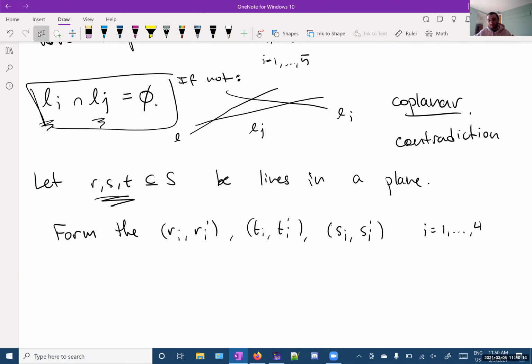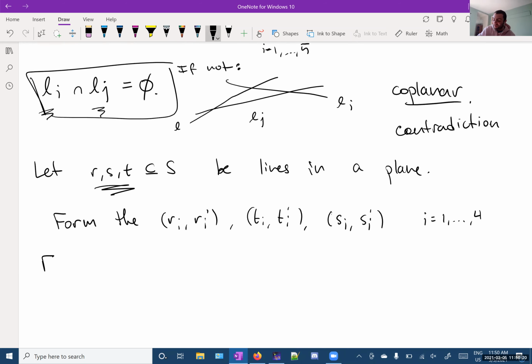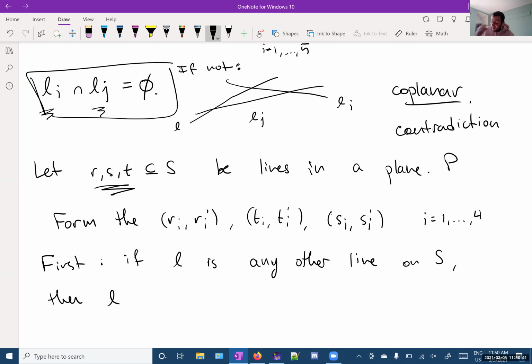These are all of the lines on S, is my claim. Okay. So first, if L is any other line on S, and I'll call this plane P, then remember, lines always intersect planes, then L has to intersect P. So this can't be empty.